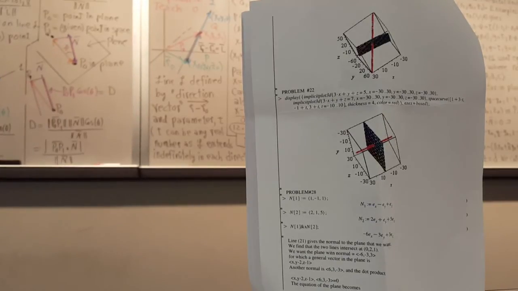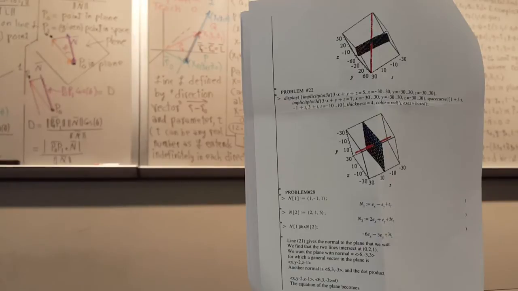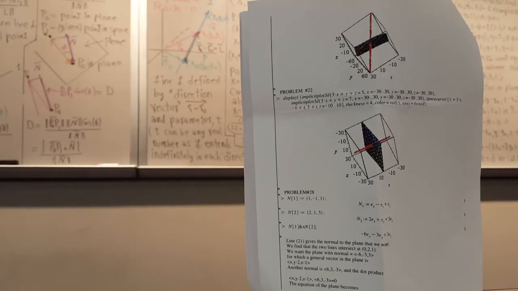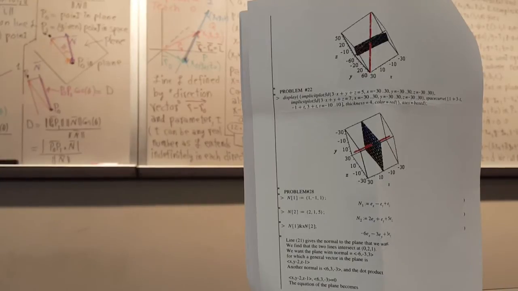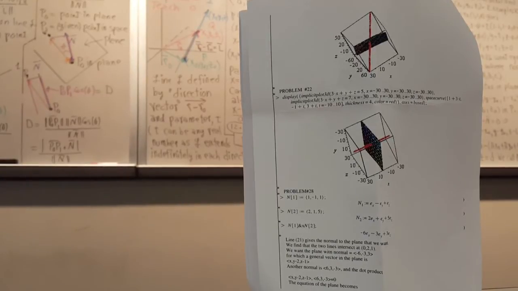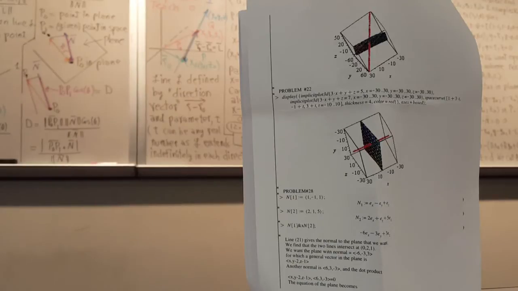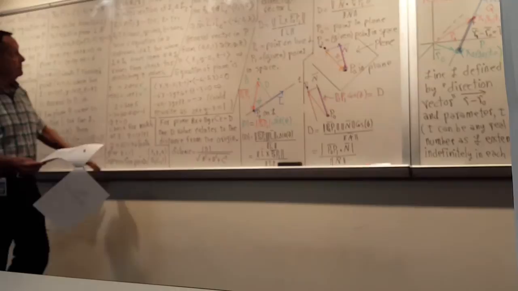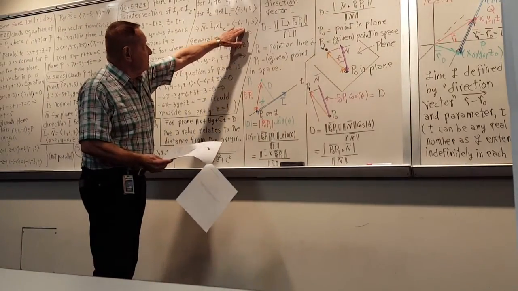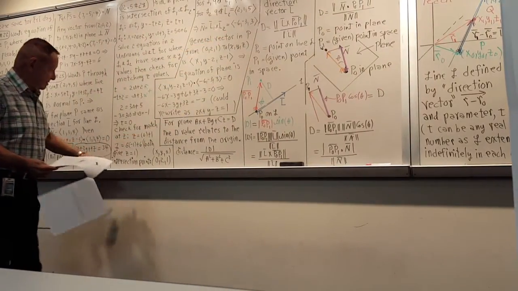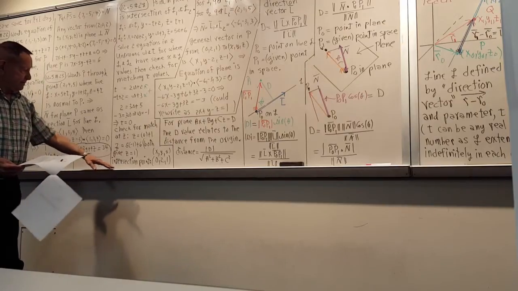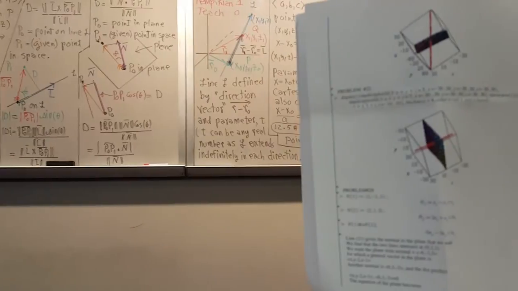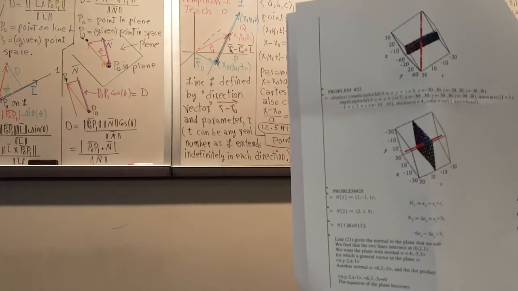And we find that the two lines intersect at 0, 2, 1 by solving simultaneous equations here. And we want the plane with the normal that's here, and this point 0, 2, 1 in the plane.